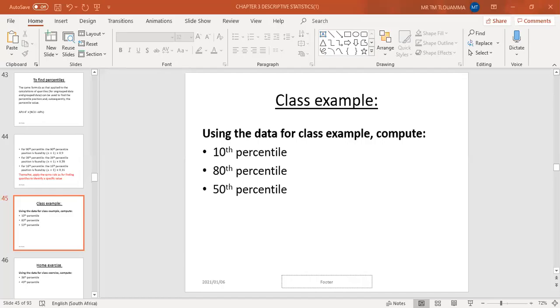So you can even calculate the 50th percentile at your own time, and other percentiles that they have asked. You just use the same procedure. The only thing that you need to change is the fractional part when you're going to find the position, because if it is the 50th percentile, it's going to be 0.50.